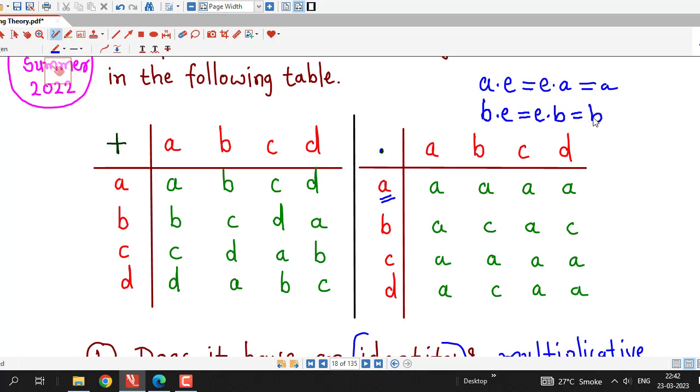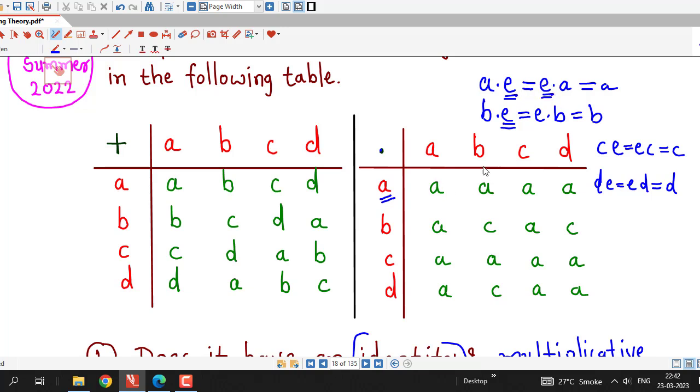B into E equal to E into B equal to B, C into E equal to E into C equal to C, and D into E equal to E into D equal to D. So if there exists some element E in this ring such that these four are satisfied, then that element is called identity of the ring.